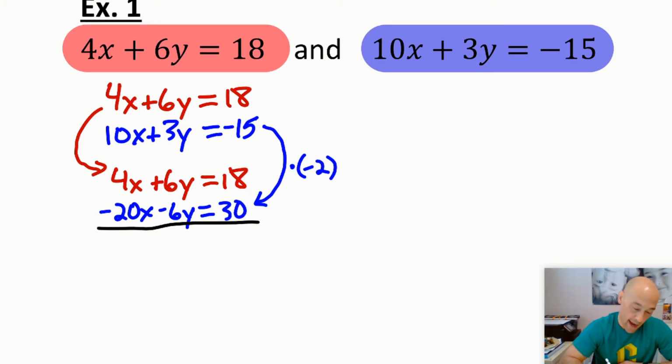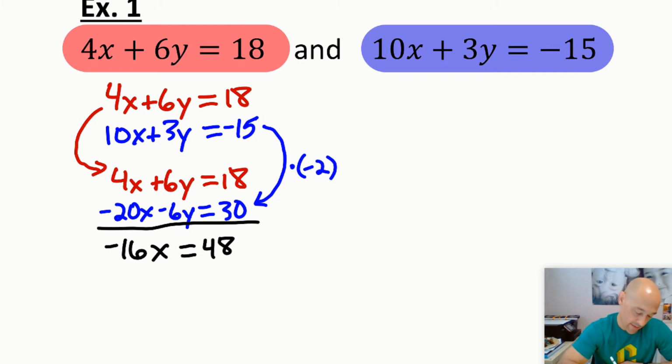Now I can add these together because when I do, the y values are eliminated. 4x plus a negative 20x, because I'm really adding them. 4x plus a negative 20x is negative 16x, and I get 0y equals 18 plus 30 is 48.